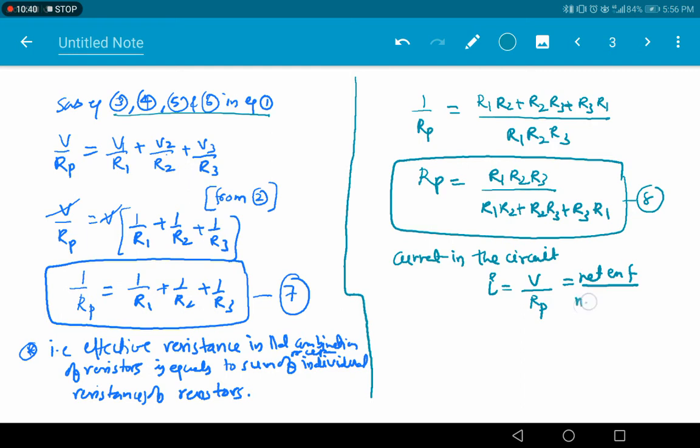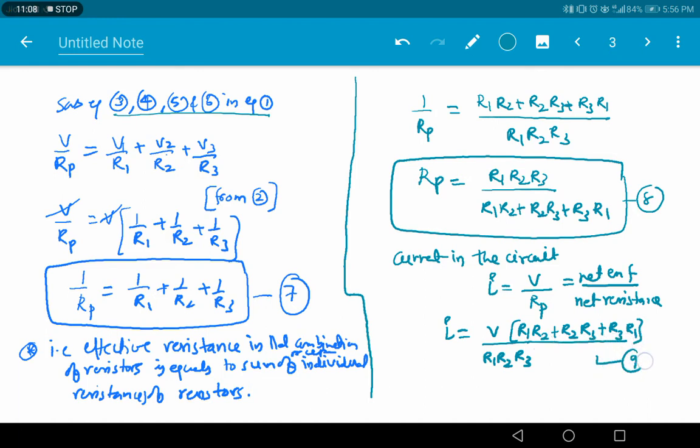So for I we are going to get V by Rp value, times of R1 R2 R3 by R1 R2 plus R2 R3 plus R3 R1. So this is the current in the circuit.